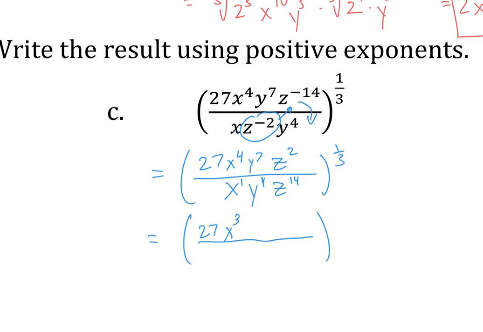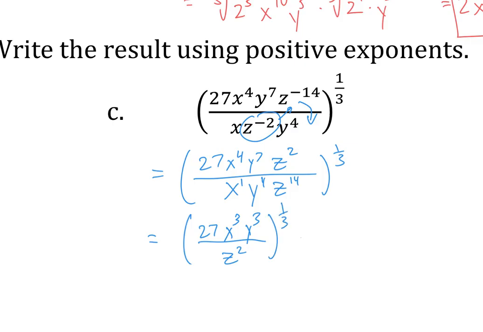One of the x's on the bottom is going to cancel with one of the x's on top. These four y's are going to cancel with four of the y's up top, leaving y to the 3rd. Two of these z's are going to cancel with two of those, leaving z squared down there. Okay, I guess we don't need all this. And then we've got that to the 1/3 power.